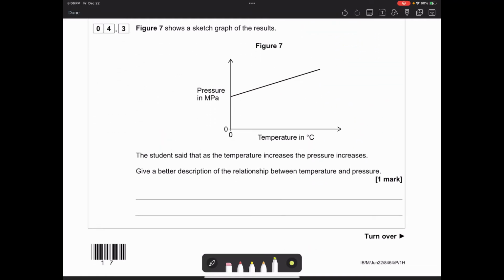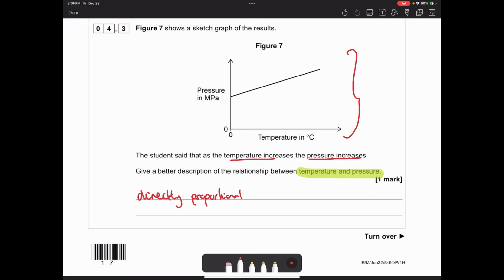Figure 7 shows a sketch graph of the results. The student said that as the temperature increases, the pressure increases. Give a better description of the relationship between temperature and pressure. You can see you've got a graph here, and they've given it, it's right, temperature increases, pressure increases. But how can I describe a straight line on a graph? Now, a lot of people in the answer actually said directly proportional, but that is not right.